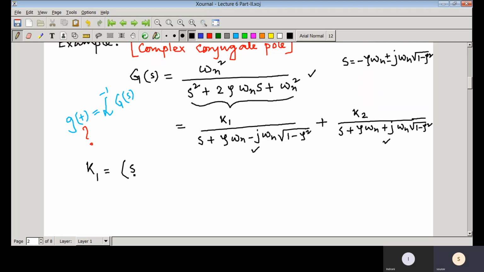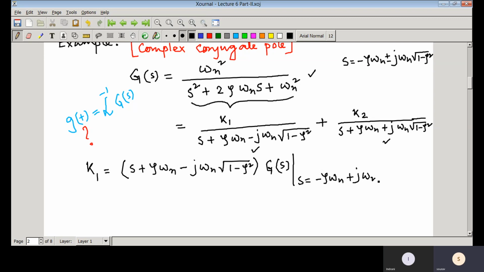That means the factor is s plus zeta omega n minus j omega n square root of 1 minus zeta square. So this is that factor into G(s), and you need to find it at s equal to minus zeta omega n plus j omega n square root of 1 minus zeta square, which is one of the pole locations.